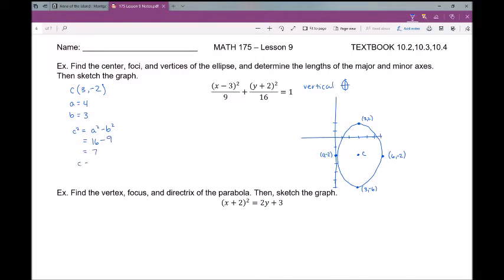So c is equal to the square root of 7. All right, so my first focus then, and we know for an ellipse we'll have 2 foci. Okay, the first focus will be square root of 7 units up from the center, and the other focus will be square root of 7 units down from the center.